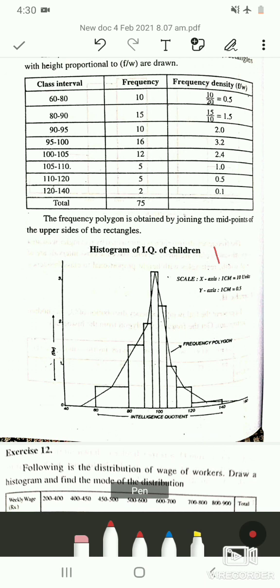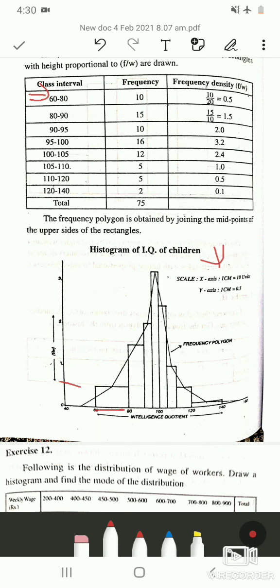Here the x-axis shows 1 centimeter is equal to 10 units. So the first one is 40, then 50, 60, 70, 80, 90, 100, 110, 120, 130, 140, up to the last value. The first is 60 to 80. What is the frequency density?